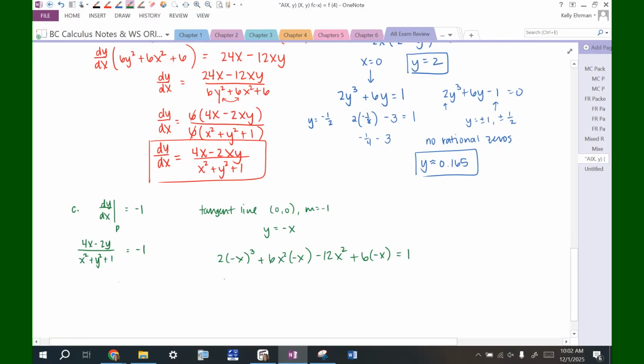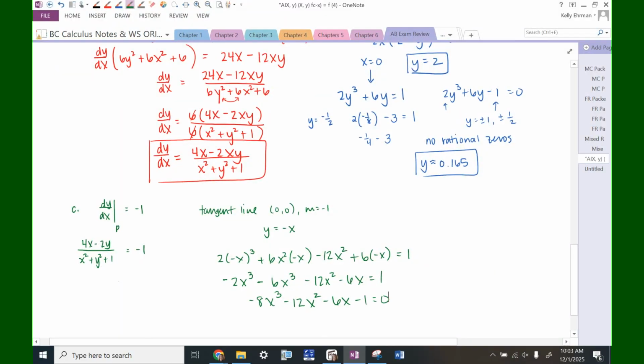So this is negative 2x to the third minus 6x to the third minus 12x squared minus 6x equals 1. This is negative 8x to the third minus 12x squared minus 6x minus 1 equals 0.